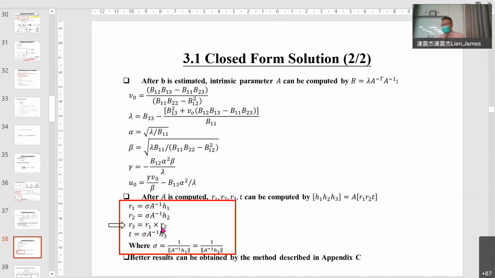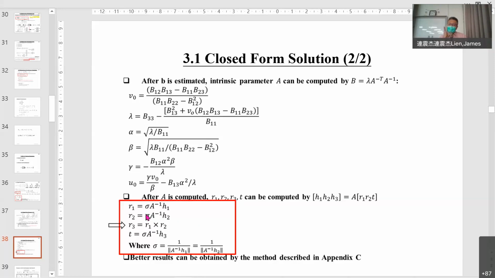But right now there is a problem. The problem is R1 and R2 are not orthogonal. R1 and R2 so far are not orthogonal. When you do 3D reconstruction, you will find one problem.